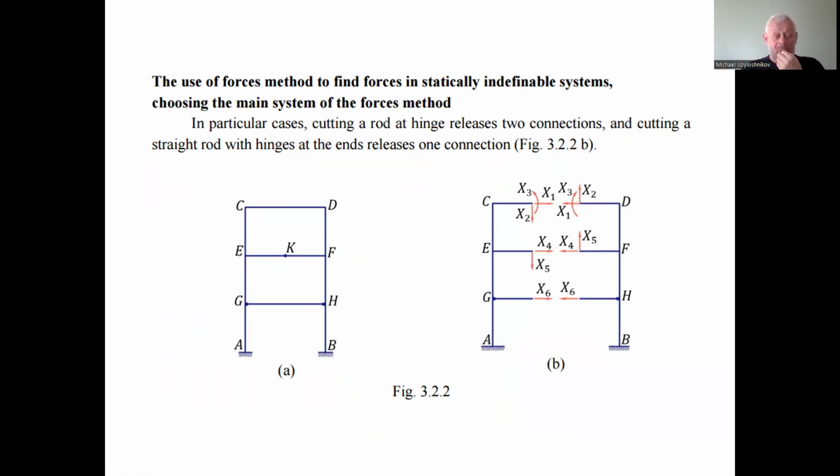Okay, so please consider the mechanical system shown in the figure 3.2.2. These are two vertical rods and rigid corners C and D, and we have rigid points E and F, and the hinge K between E and F, and we have two hinges at the points G and H, connecting the horizontal rod to the vertical ones.